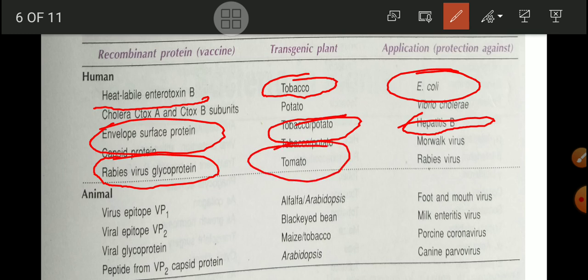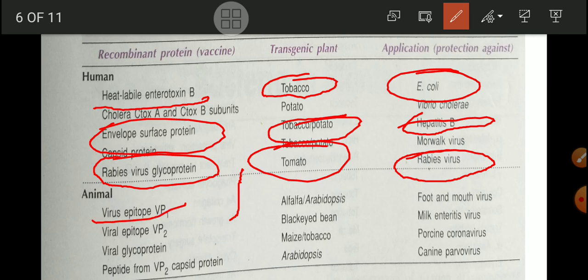So every tomato eater will be protected from rabies virus. Or suppose the virus enters the body of that person, nothing will happen, because antibodies are already developed because of the rabies virus protein.